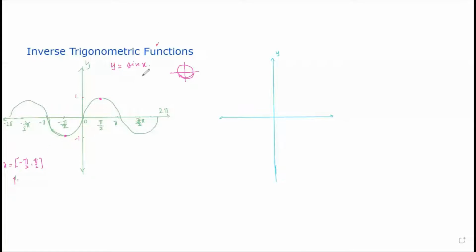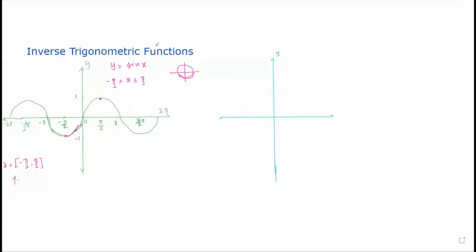The domain, the interval of x, must be here: x less than or equal to pi over 2 and greater than or equal to -pi over 2, from this to this.